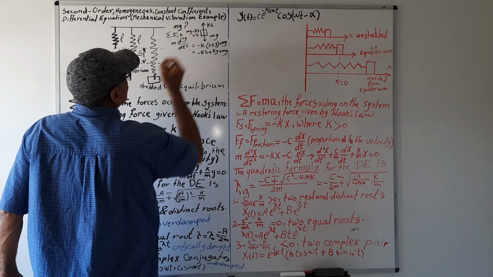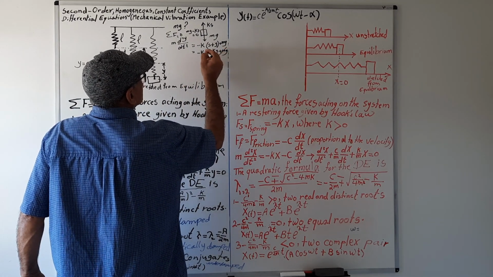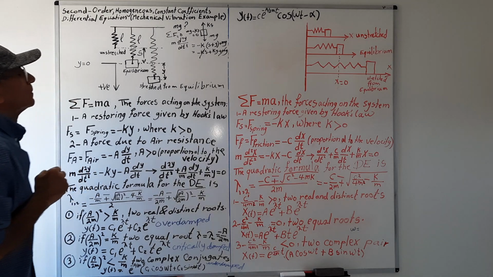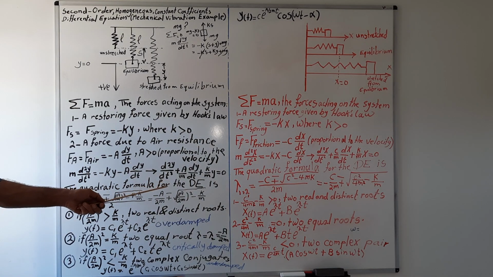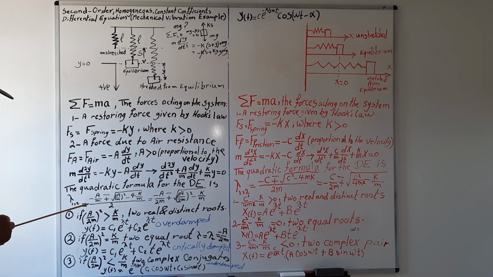So mg equals k s. This is why we cancel this one, and why we didn't mention it in our differential equation.